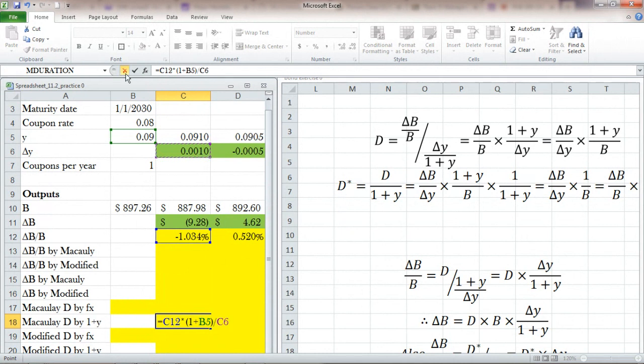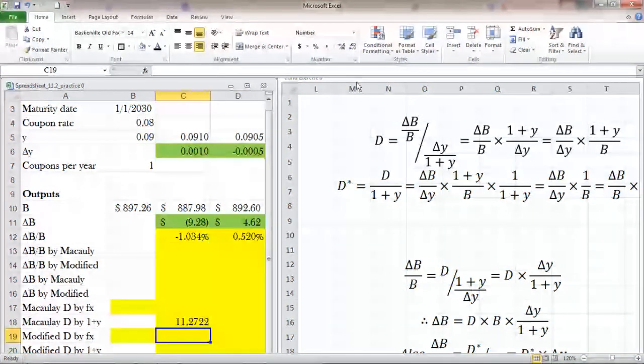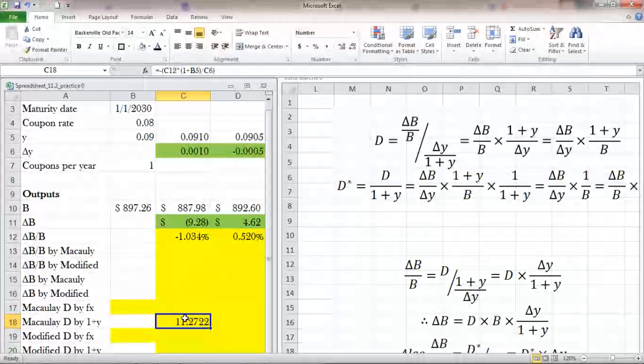Okay. We hit OK. And then this needs to be expressed in positive. It is already negative, so it must be expressed in positive.